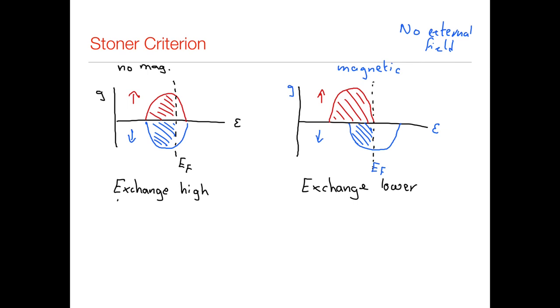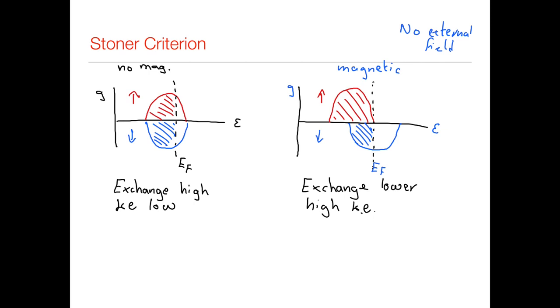This has low kinetic energy for the electrons, and this one has high kinetic energy for the electrons. So whether we find ourselves in this situation or this situation is just a balance between the exchange energy and the kinetic energy.